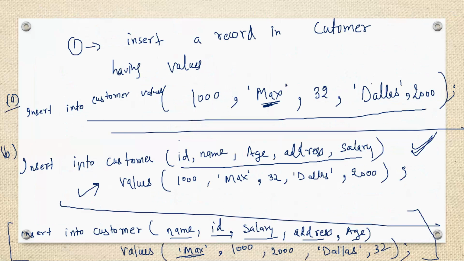In the second case, we decided the sequence by ourselves as per our preference. So we have the freedom of doing that in the second case. That is the point I want to emphasize. Okay, done? Yes, done, sir. Next.